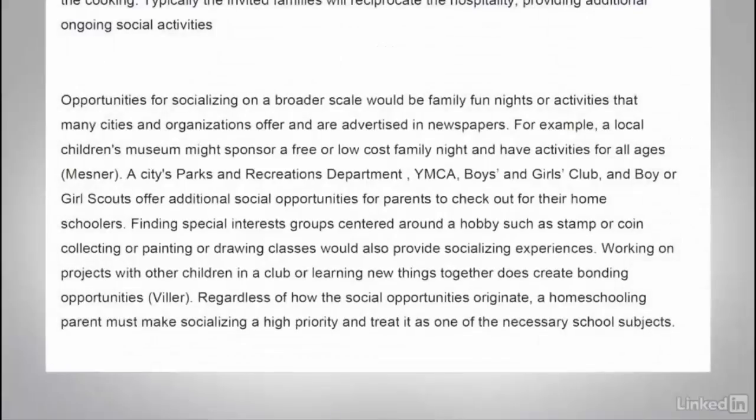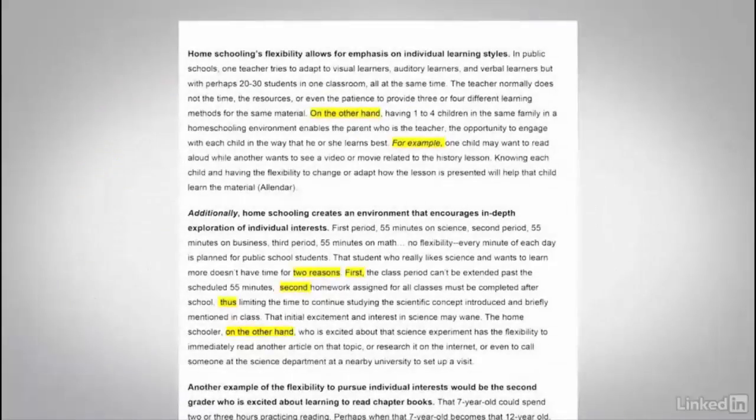This last example paragraph adds more specifics about how to offer social opportunities for homeschooled children. For example, additionally, and such as connect the ideas in the paragraph and tie it back to the previous paragraph. As you can see from these portions of the research paper, the thesis and the topic sentences are essential to the paper's organization.